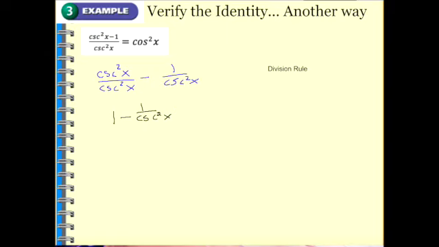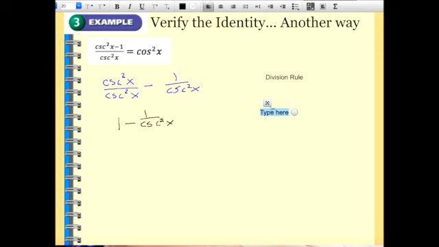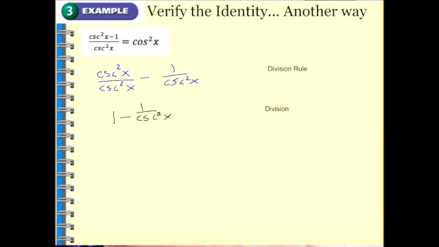So that was just division. Again, more division. Now, I know that 1 divided by cosecant is really sine, and so I know that 1 divided by cosecant squared is really sine squared.